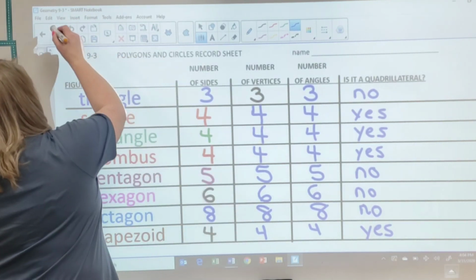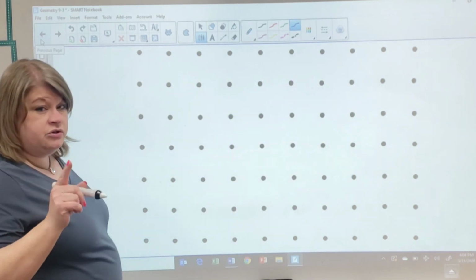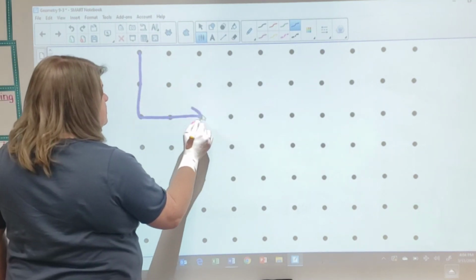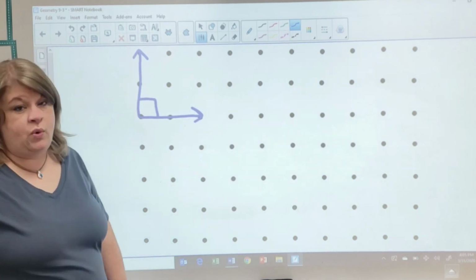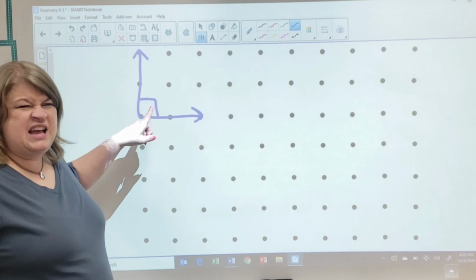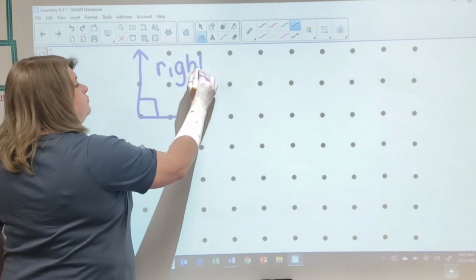Let's review that really quickly. Let's look here at this dot paper. Don't draw on yours yet. You will need your dot paper. But if we have a shape like this, we call this a right angle because it has a square in the corner. You don't have to actually put the square there, but you could. That's how we tell that it is called a right angle.